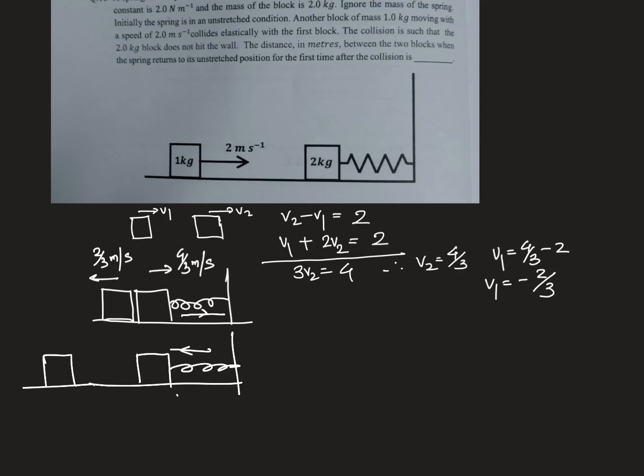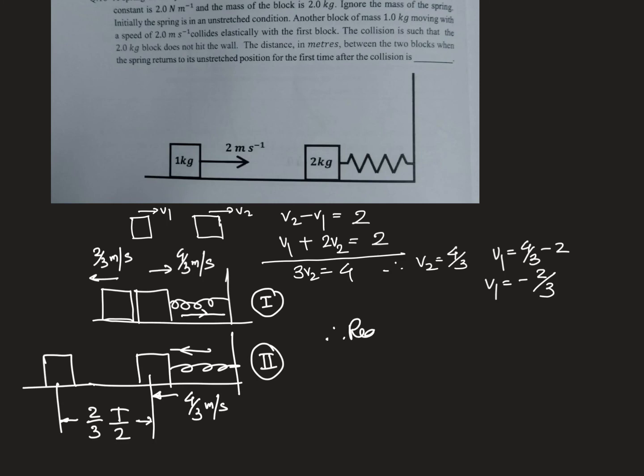So when this is having a velocity 4 by 3 meter per second, half of the time period has passed, right? From situation 1 to situation 2, the time is half of the time period. By that time, it is 2 by 3 into T by 2 that it has gone.